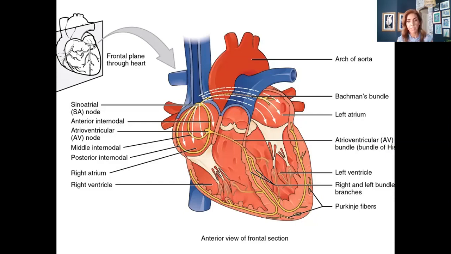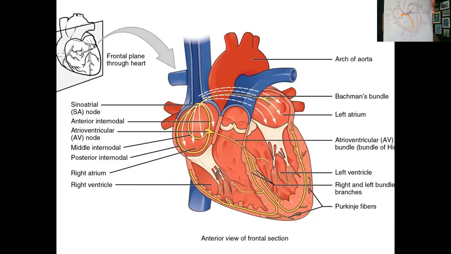And then what's going to happen is the bundle of His is going to split. Whenever you get into the interventricular septum, it's hard to see that I have 2 lines there, but I have one line that's running down the right side and one line that's running down the left side in the interventricular septum. And you're going to want to label that the right and left bundle branches.